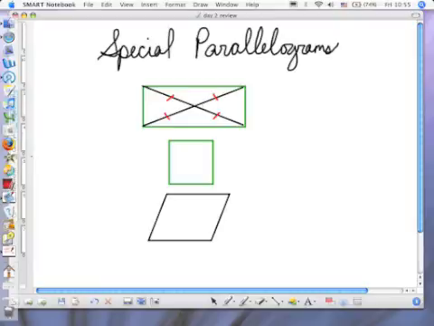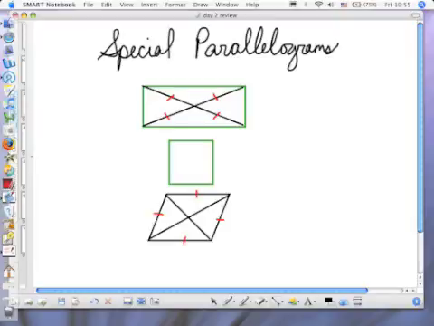In a rhombus, this is a special parallelogram because all 4 sides are equal to each other. The diagonals still bisect each other. Don't they do something crazy too? They're not equal to each other, though, but they do something.